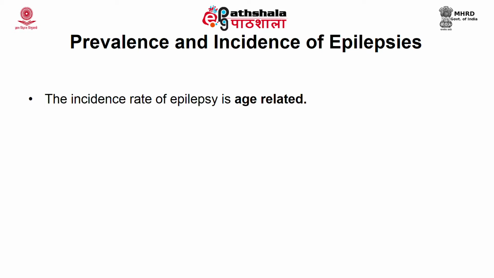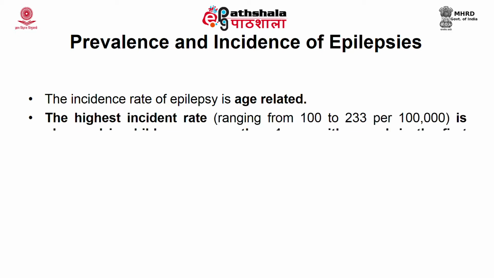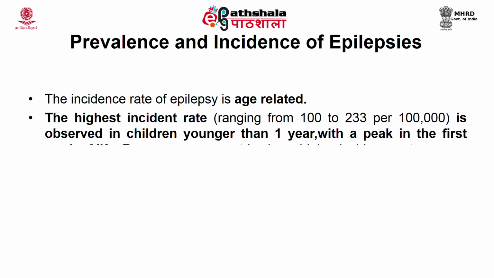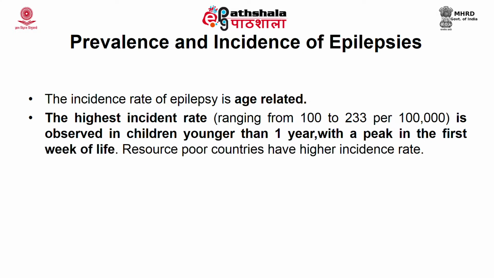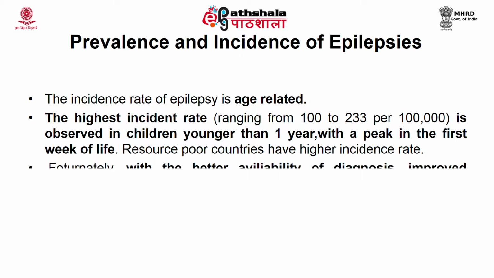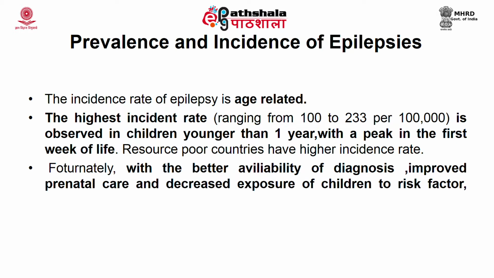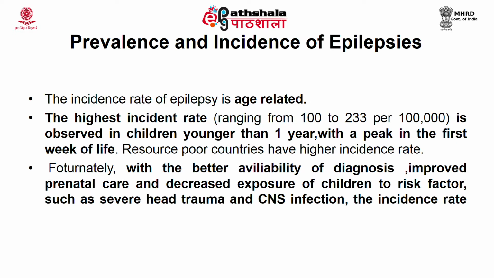However, it is not the elderly who are suffering from it. High incidence is rather seen in children within the first week of life. But today, since we have better prenatal care and decreased exposure to risk factors, the incidence has declined over the recent years.